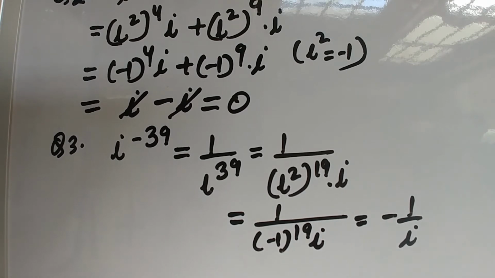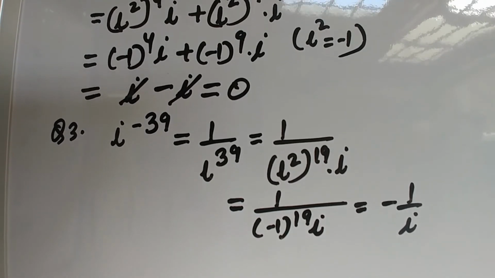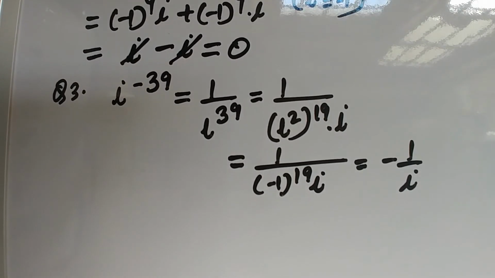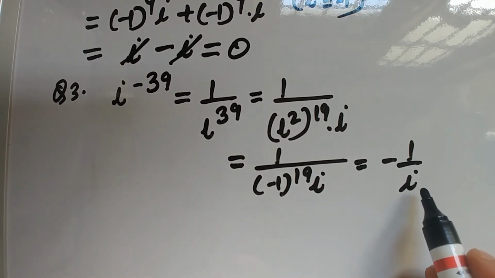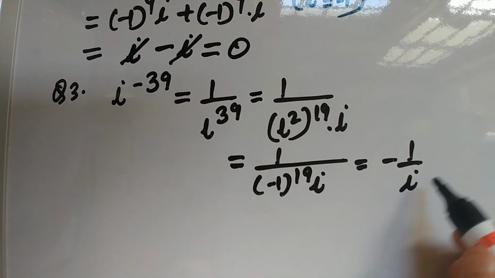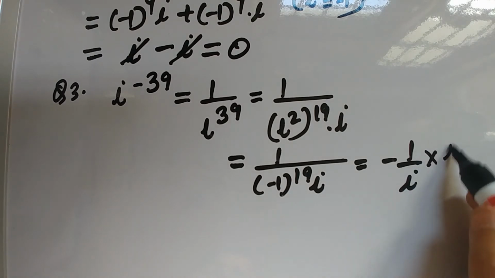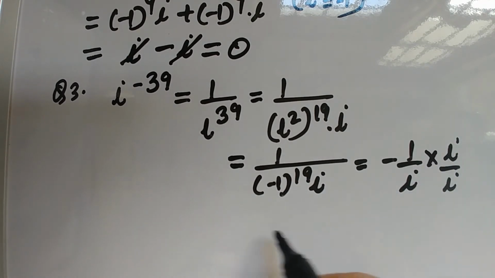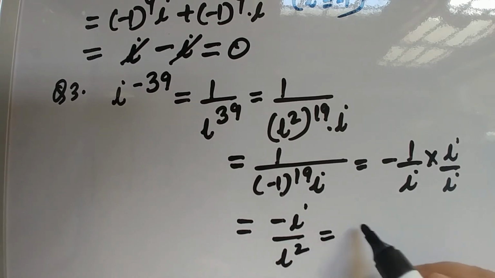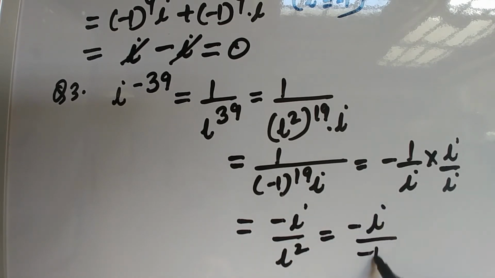Now, it is not the standard form of the complex number. For standard form, I should express it in the form of a plus iota b. So what I need to do is rationalize it. So it becomes minus iota upon iota square, which is minus iota upon minus 1. So it gets cancelled and I get the answer as iota.